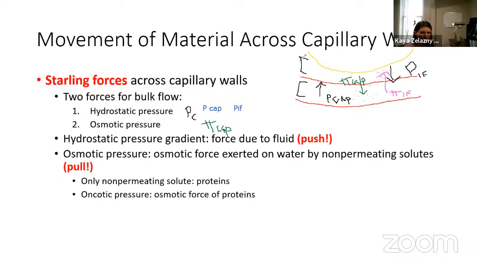And if we're thinking about a single water molecule, it can only move in one direction, even if there are four forces acting on it. So we're going to have to consult all of these to figure out overall where our water is moving.